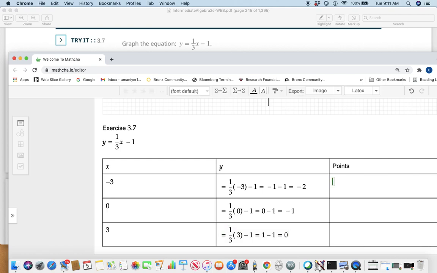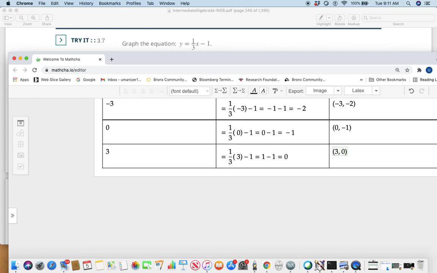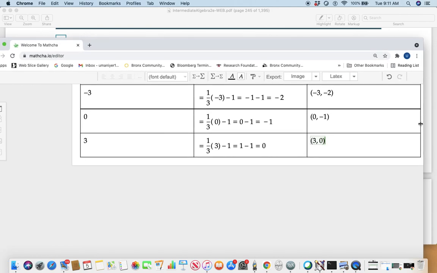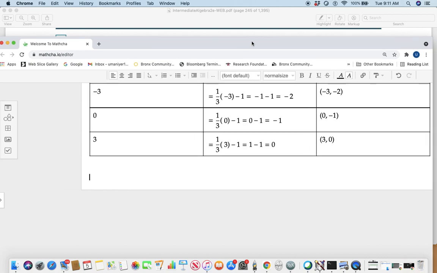So what are the points here? X coordinate is -3, y coordinate is -2. What is the point here? X coordinate is 0, y coordinate is -1. What is the point here? X coordinate is 3, y coordinate is 0. All right.